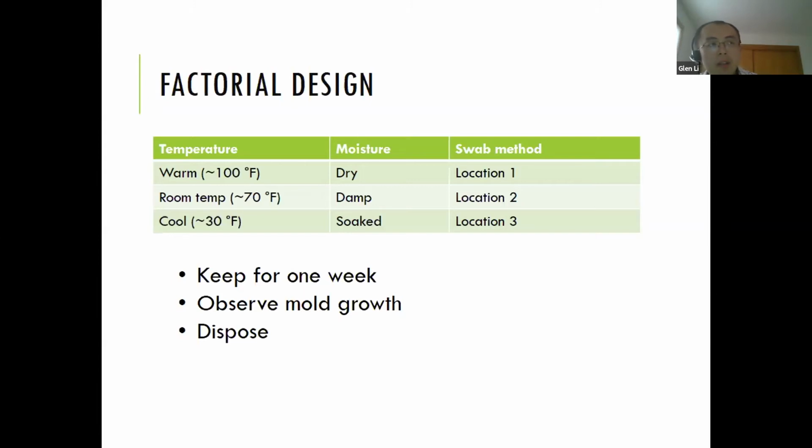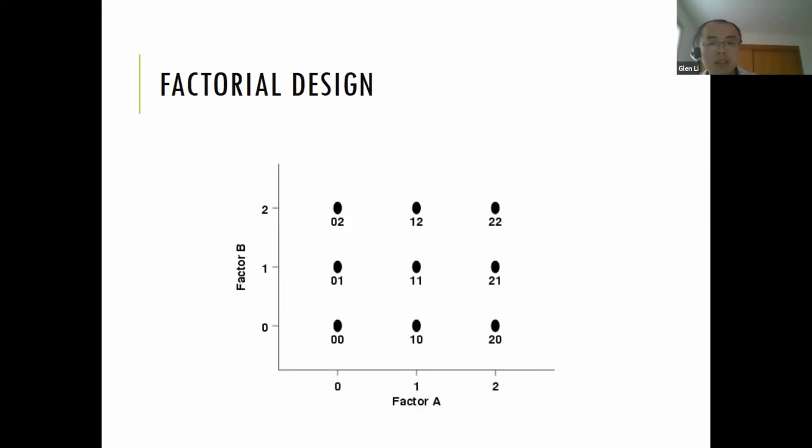If we actually make samples of all possible combinations of these factors, we'll have 3 times 3 times 3, which equals 27 different combinations. That's a design of experiment where we have all possible combinations. We usually call it a full factorial design.